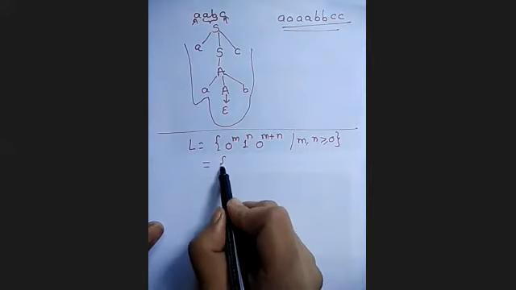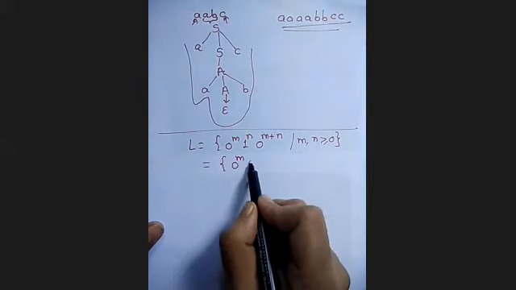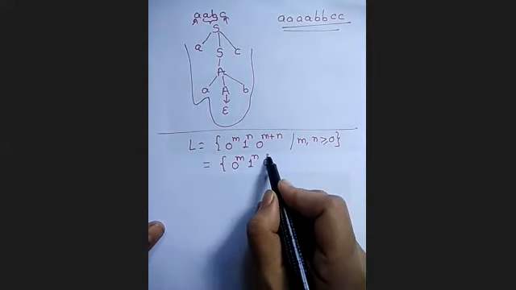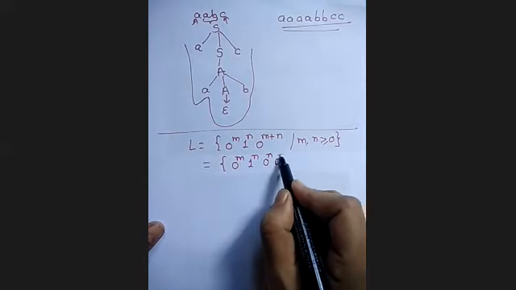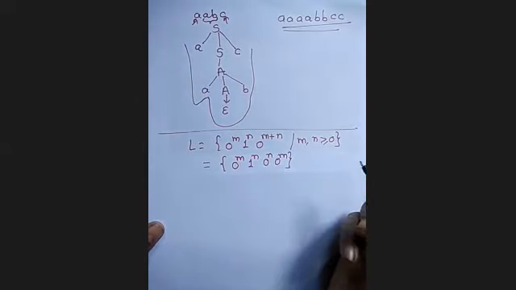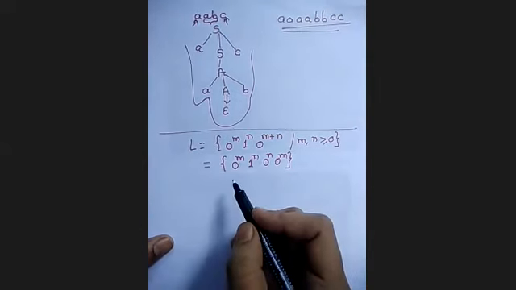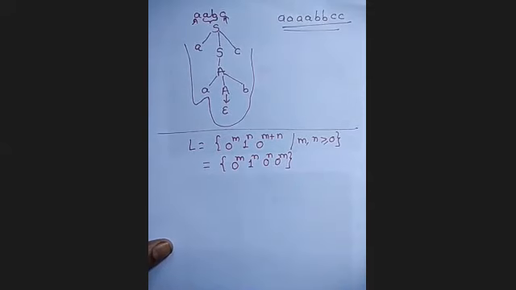So I'll do it here. 0 to the power n, same way. 1 to the power m, we'll split it and we'll take 0 to the power n, 0 to the power m. It is now similar type, earlier type.